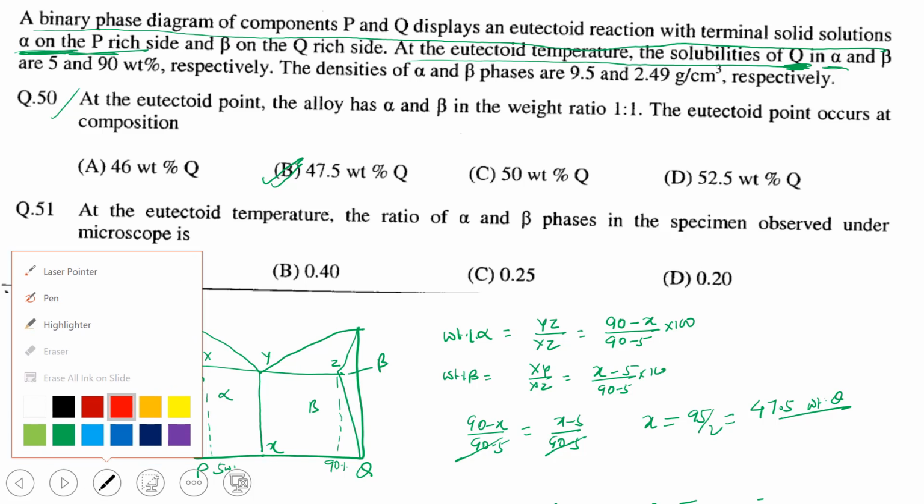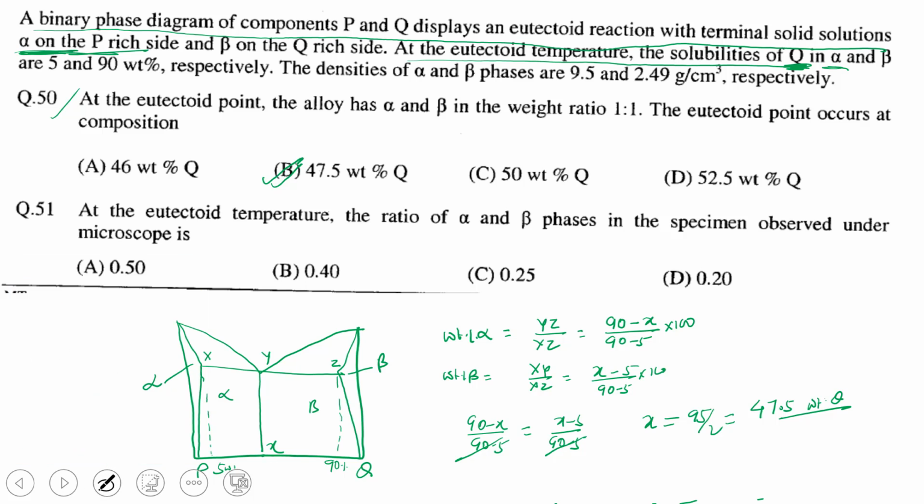So whenever a specimen is observed under microscope, we are able to see the volume. What is the actual volume? Because we can see the physical dimensions, like length, breadth, height. We can't see the exact mass. We can only see the dimension.